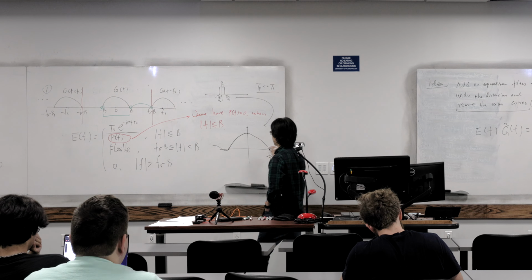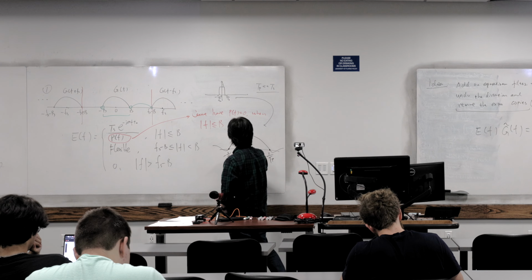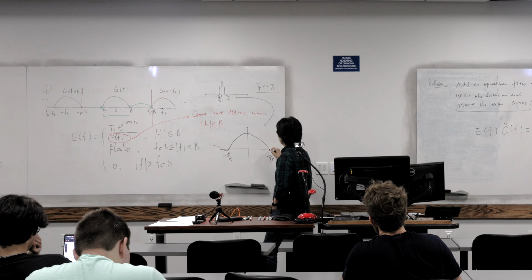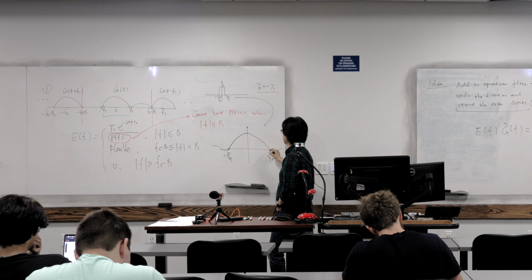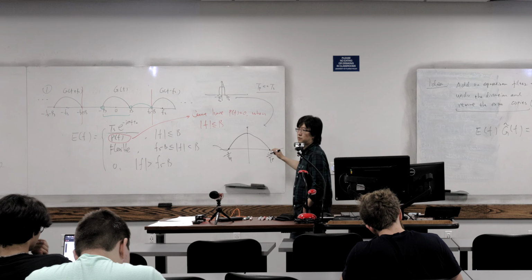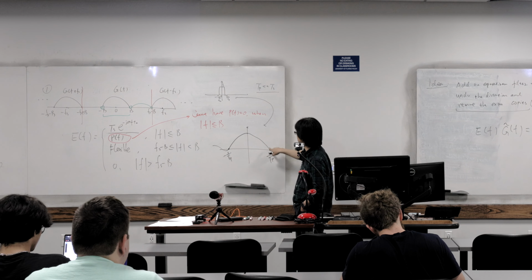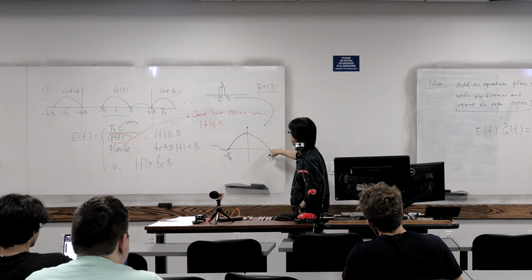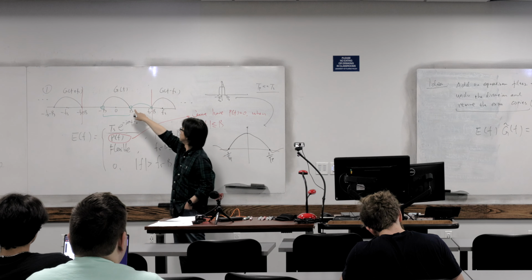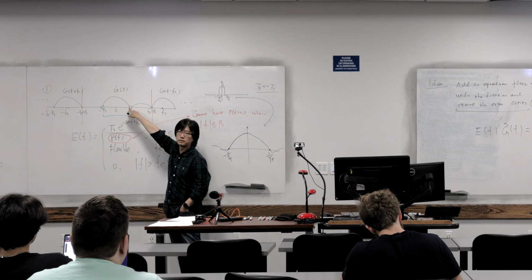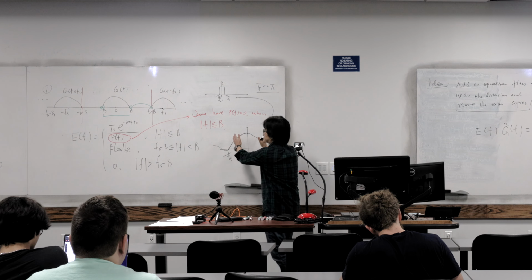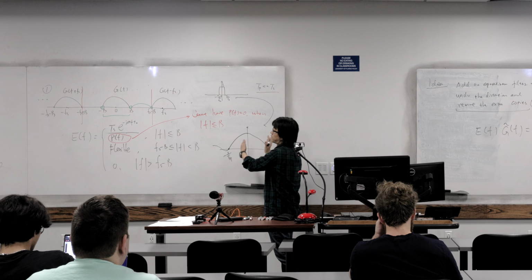Just remember it, because this happens too much. Okay, so basically this is the first zero crossing point. So what we need to make sure here is that this point has to be bigger than this point. Then everything in the middle will have no 0. Otherwise there will be 0.